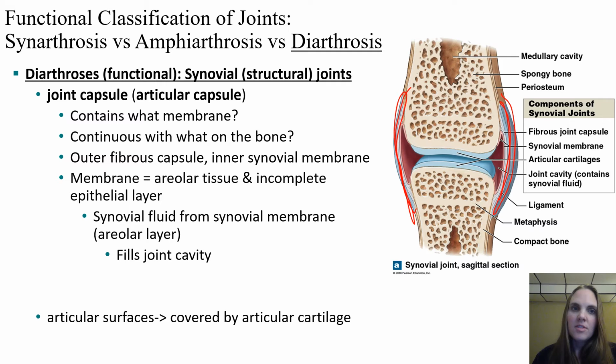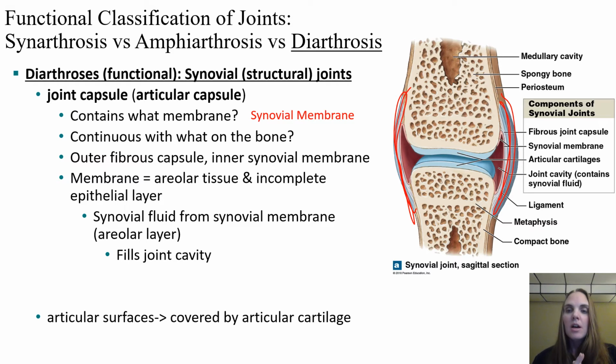And within this joint capsule, we have a special membrane. Think back and see if you can remember what membrane we talked about in the last unit that we might find here. So that would be the synovial membrane. And this joint capsule is continuous with what on the bone?